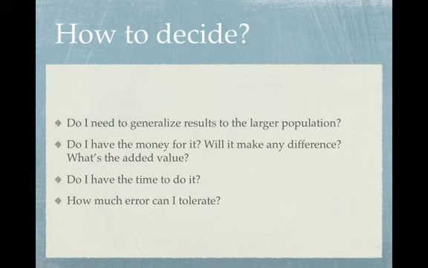If I'm not generalizing to the larger population, such as in experiments, then the amount of sampling error is not meaningful. For non-probability samples, it is impossible to calculate sampling error.